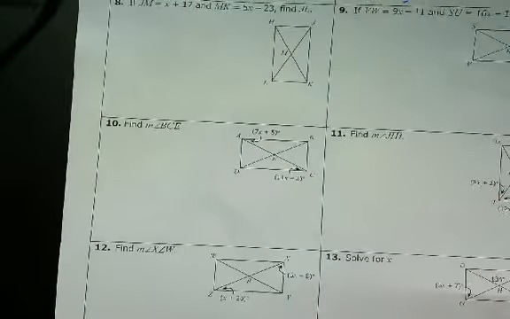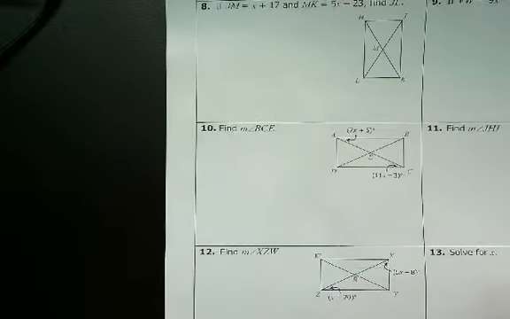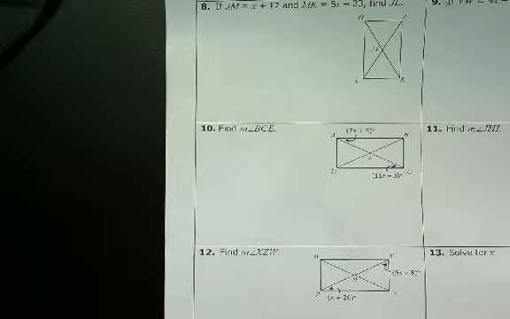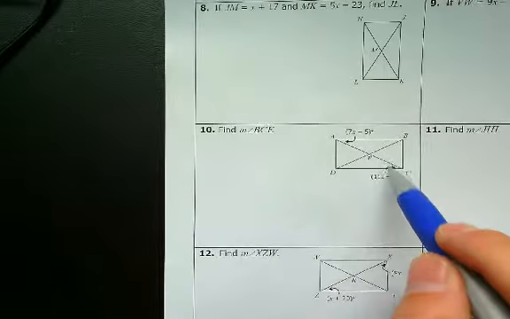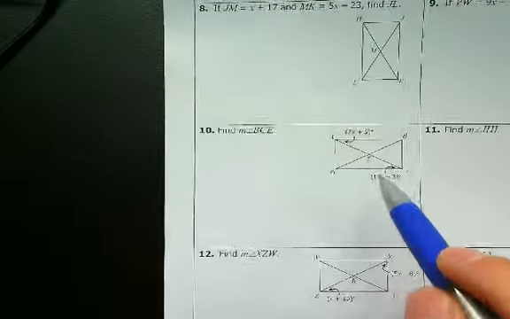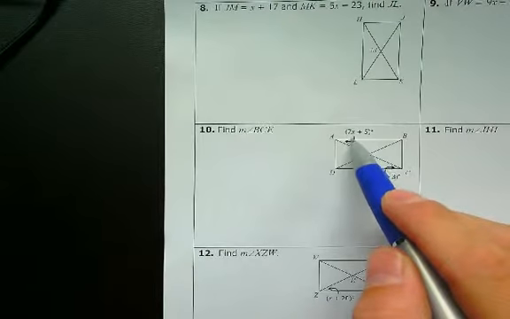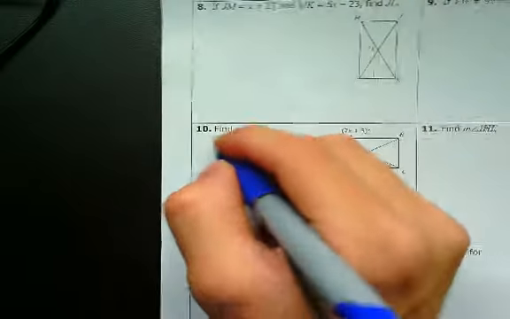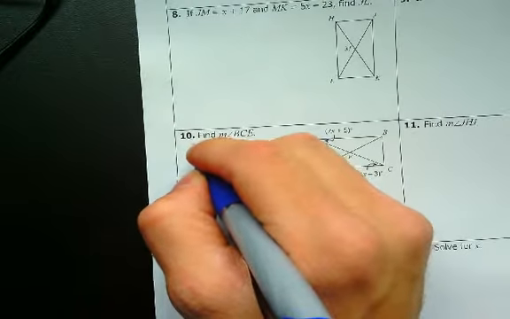Okay, let's come down here and take a look at number 10. Number 10 is kind of similar to the problem that we talked about on the front side, number 3. The reason I say that is because these two angles are alternate interiors. So since they're alternate interiors, we can say that they're equal to each other.